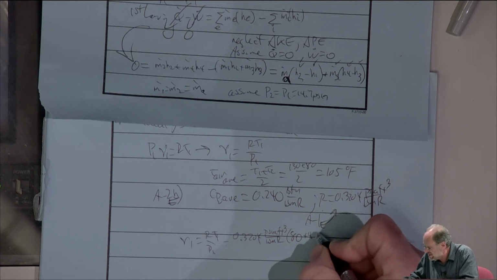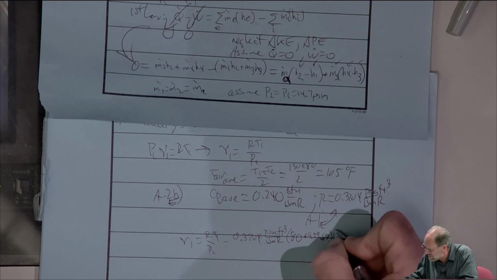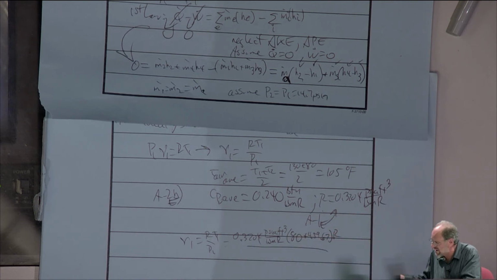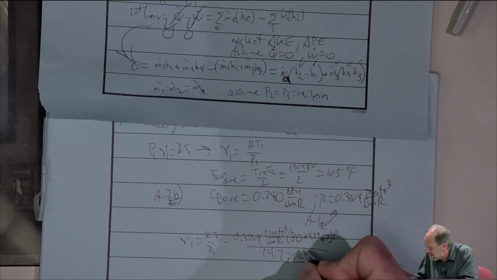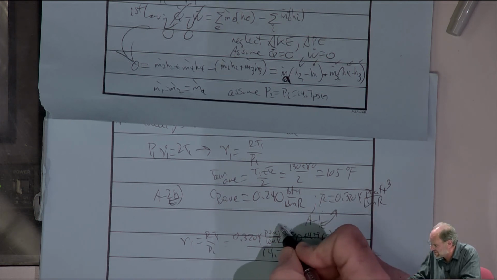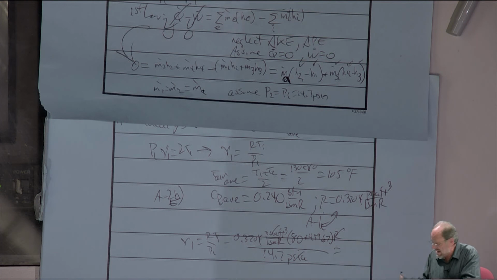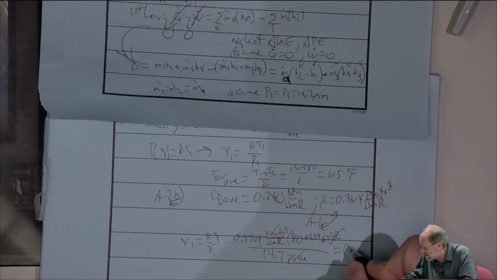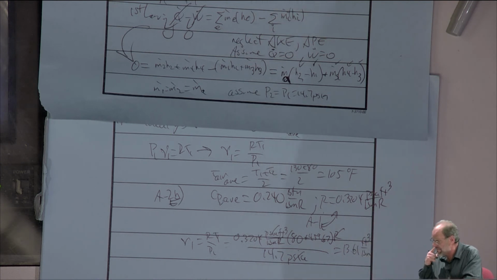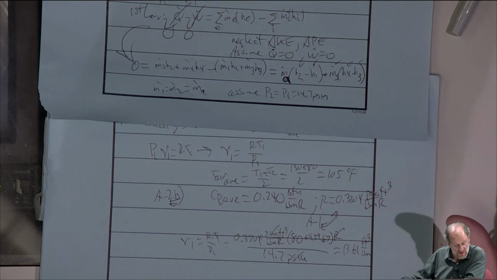So 80 plus 459.67 converts from Fahrenheit to Rankine. The pressure at 1 is 14.7 PSIA. You can see that the units work out great. And we get the specific volume with the appropriate units, 13.61 cubic feet per pound mass. We're going to save that for later.